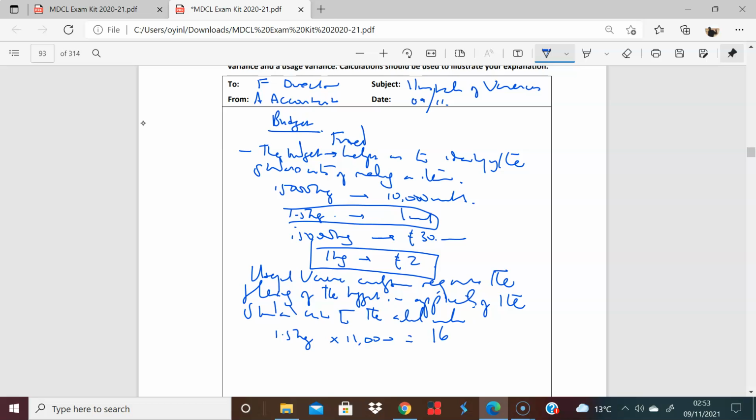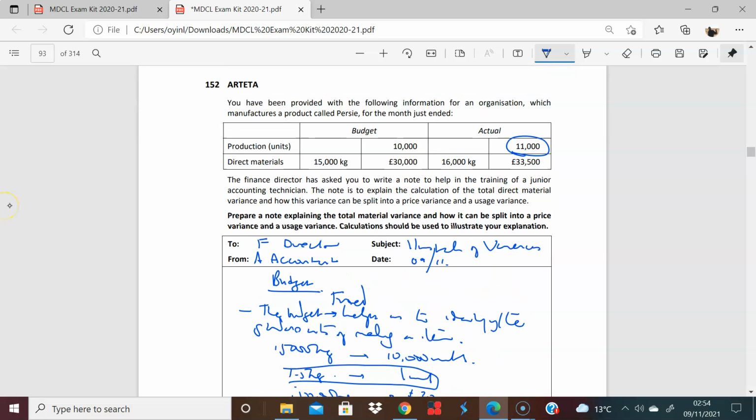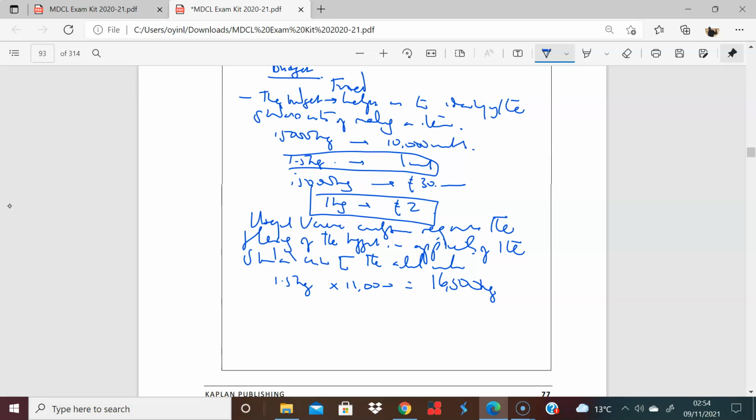So you should be using 16,500 kilograms, and 1 kilogram should cost £2. So those kilograms should cost 2 times 16,500, which is £33,000. So this is our starting point. You should therefore be spending £33,000 on this project.